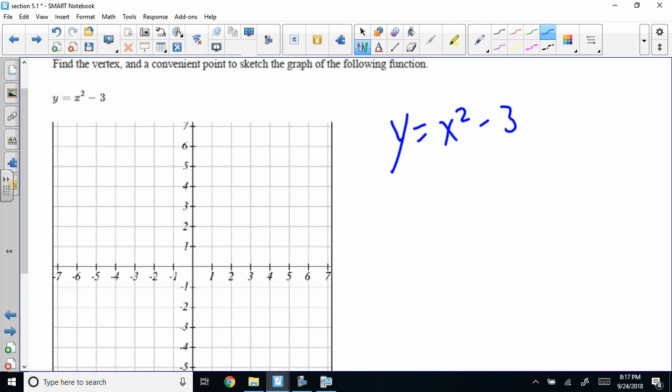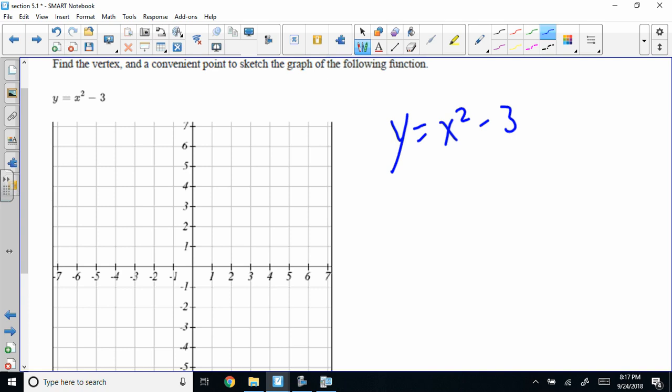We said standard or what? General, right? So let's back it up to a terminology that we have been using. Is it vertex form, or is it standard ax squared plus bx plus c, which they're calling general? Which one is it? Looks like vertex form, doesn't it? Ladies and gentlemen, it's actually in both forms.